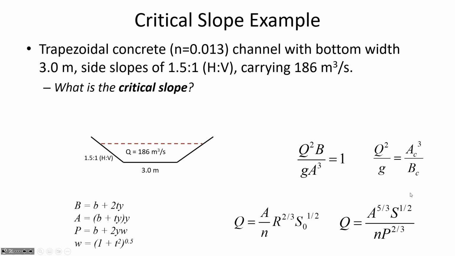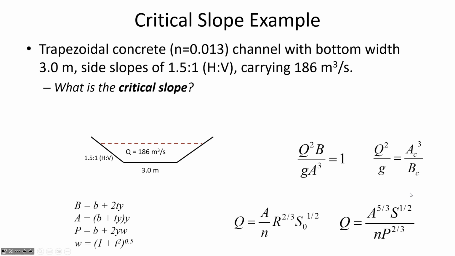And the other thing that we're going to need to go into Manning's equation, where the unknown will be the slope, we want to say how steep should the channel be to cause critical flow. Well, in this example, we know the roughness, N, we know the Q, the flow rate. Now that we know the depth at critical flow, we're going to substitute both of those terms in for the area and the hydraulic radius, and the only unknown is going to be the slope that's causing critical flow.